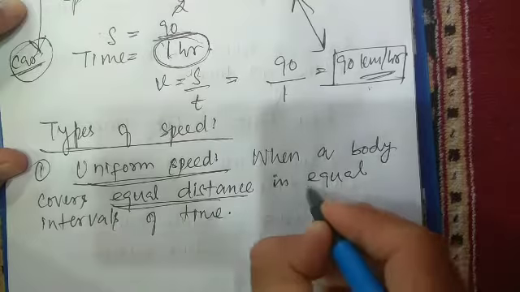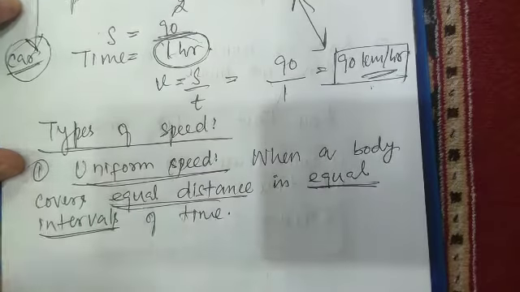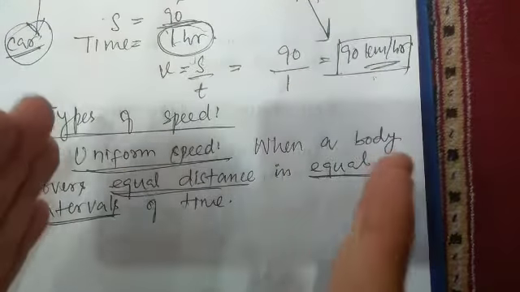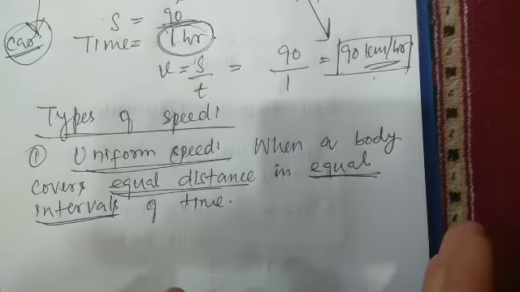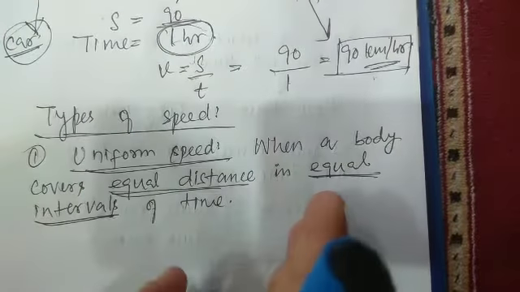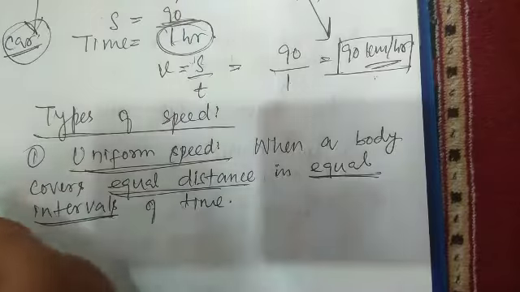Equal distance in equal intervals of time. मतलब इक्वल बराबर डिस्टेंस बराबर इंटरवल ऑफ टाइम में जो बॉडी कवर करती है उसको बोलते हैं हम यूनिफॉर्म स्पीड.